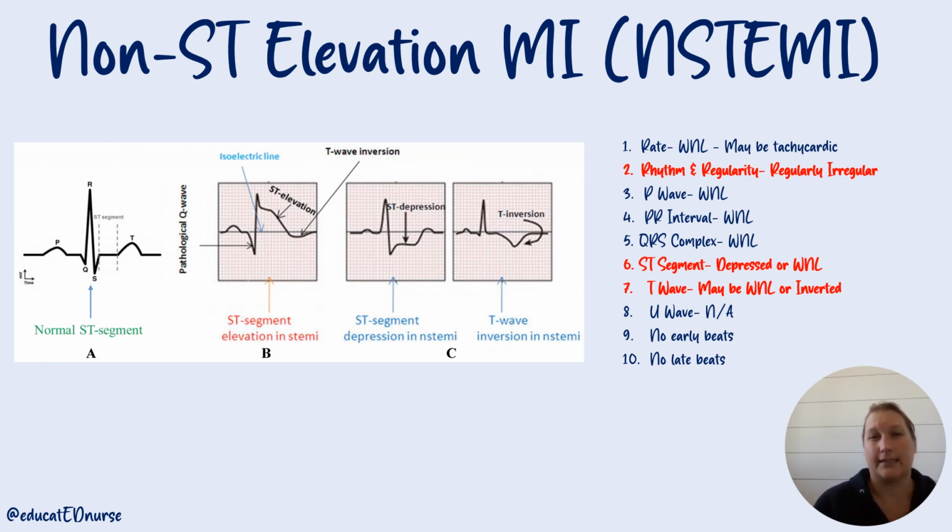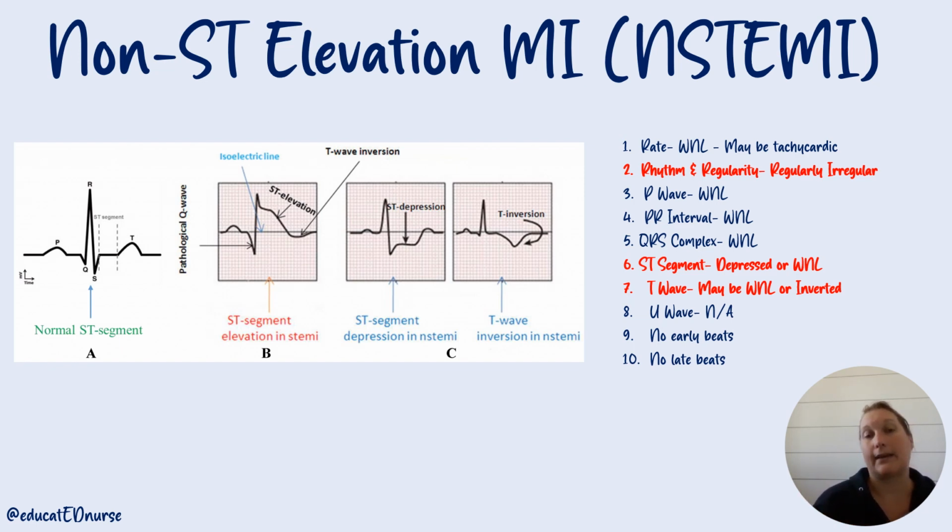So you might not see ST elevation. You might see some ST depression, or you might see some T-wave inversion, and that again could be a sign of ischemia, but you're not going to see that characteristic huge ST segment, the ones that look like a tombstone like you would see in a STEMI. You're not going to see that in an NSTEMI. So the rate and regularity, it's going to be irregular because we have an abnormality with our normal 10 points here, right?